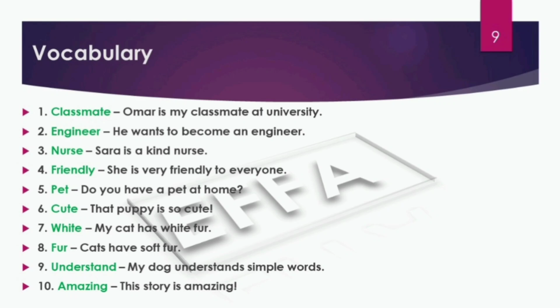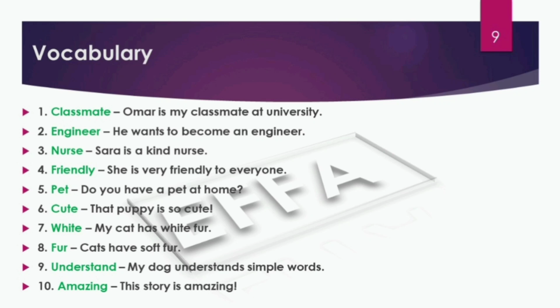Now we have some useful vocabulary words with examples. I'll pronounce them and then you should memorize them. 1. Classmate. Omar is my classmate at university. 2. Engineer. He wants to become an engineer. 3. Nurse.